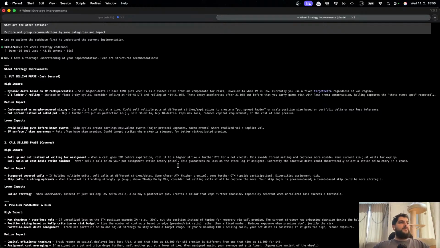Lower impact. Avoid selling puts before known events. Like skip cycles around earnings-equivalent events, major protocol upgrades, macro events where realized volatility is more than implied volatility. Interesting. Yeah, this is what was actually in my list of just wait a little bit and do not sell. But that was about call options. It's questionable for puts, because if I am willing to take Ethereum risk, then why care?